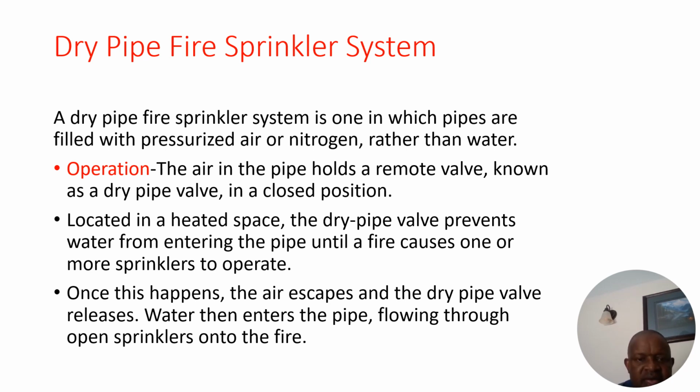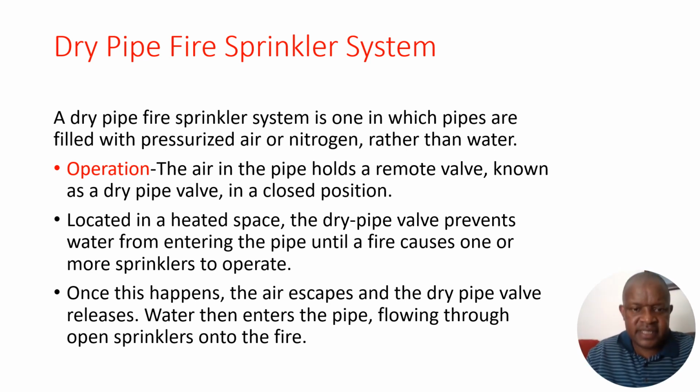Operation: the air in the pipe holds a remote valve known as a dry pipe valve in a closed position. Located in a heated space, the dry pipe valve prevents water from entering the pipe until a fire causes one or more sprinklers to operate.